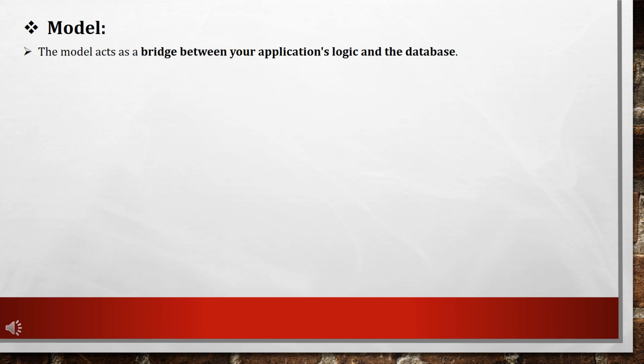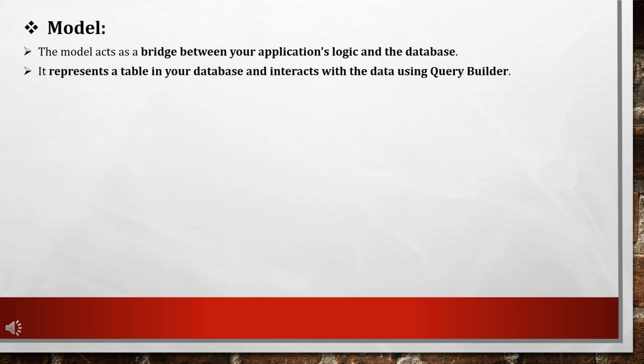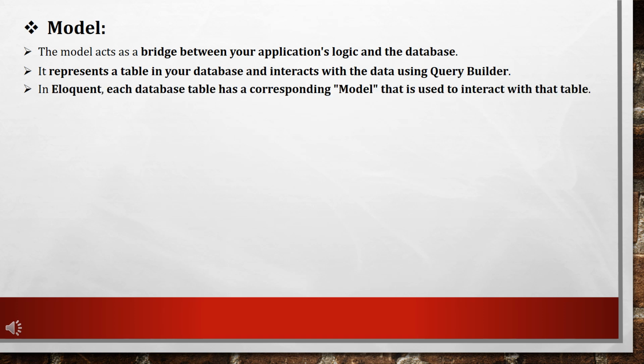The model acts as a bridge between your application's logic and the database. It represents a table in your database and interacts with the data using Query Builder. In Eloquent, each database table has a corresponding model that is used to interact with that table. This creates a one-to-one relationship between models and tables.